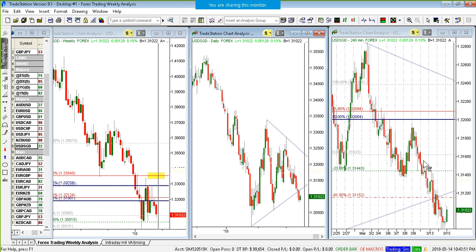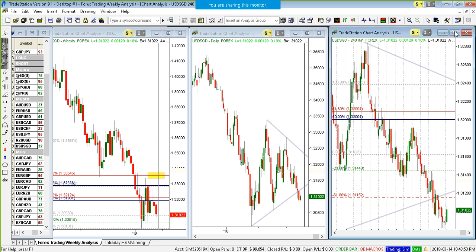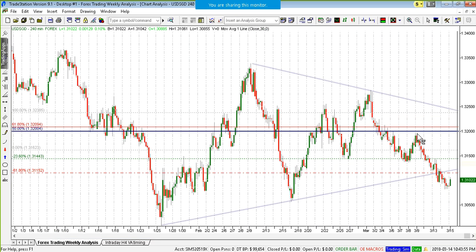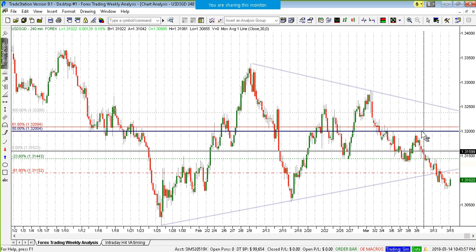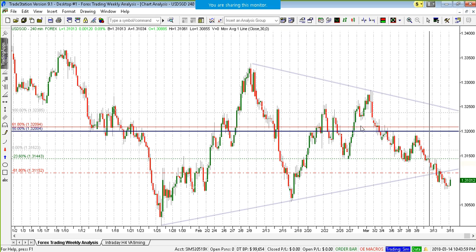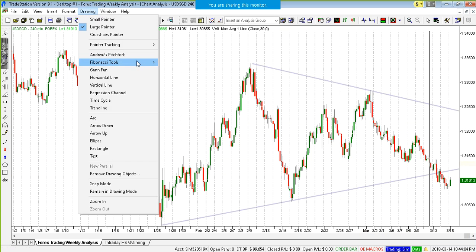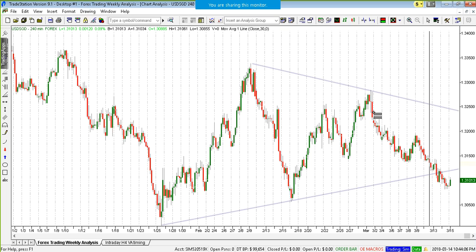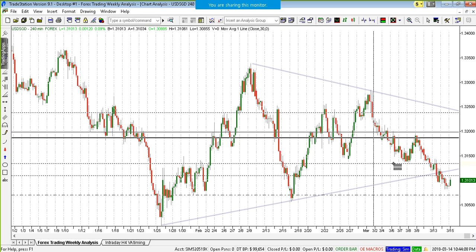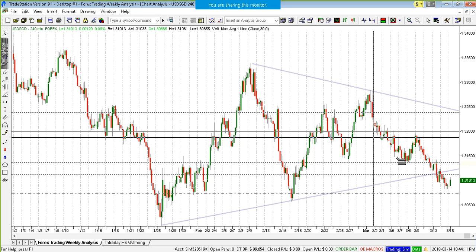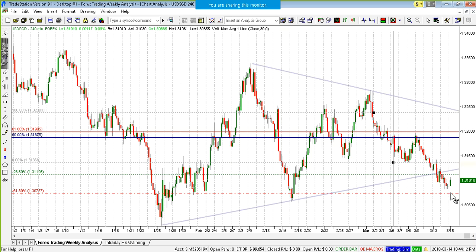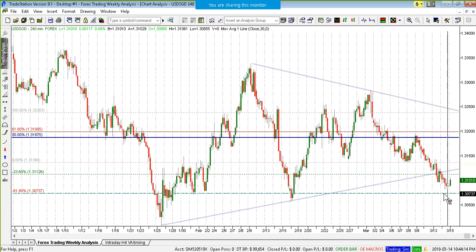Okay, here the extension short that we mentioned on the daily has traded, bringing price into, let's see, let's trace this again from lows to lows, bringing price into that first target, and the second target is just there.